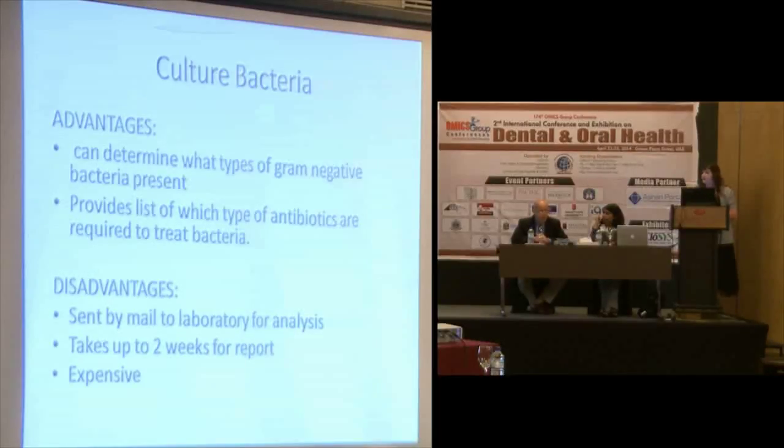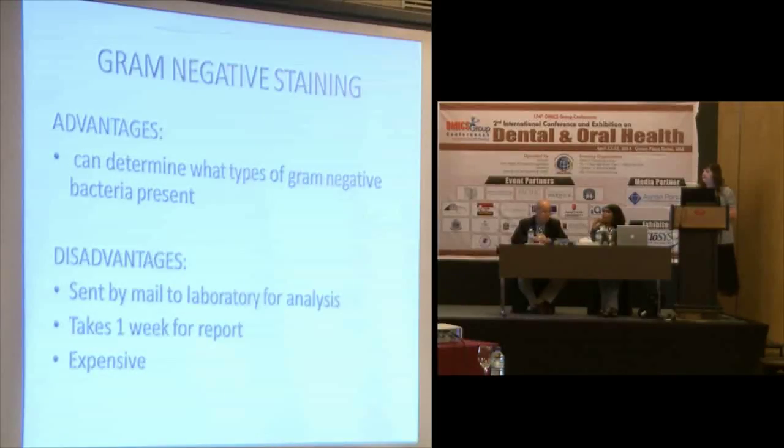The disadvantages are that for me in Canada, we had to ship it to the States. It took up to 2 weeks to get the report, and it's expensive. With gram-negative staining, you can see what type of bacteria is present. You also have to send that to a laboratory for analysis. It takes about 1 week, and is cheaper than having a culture done.